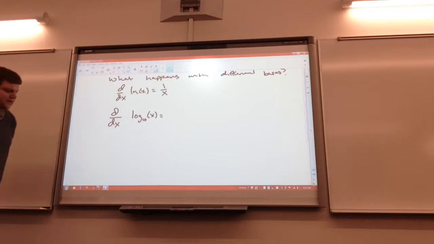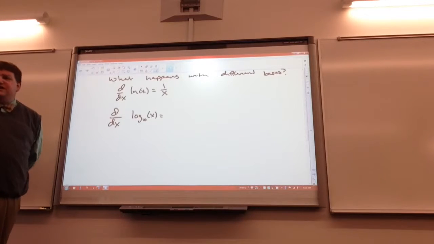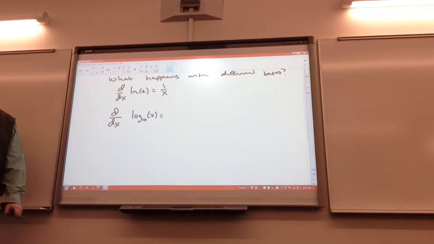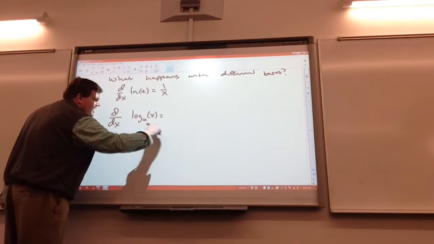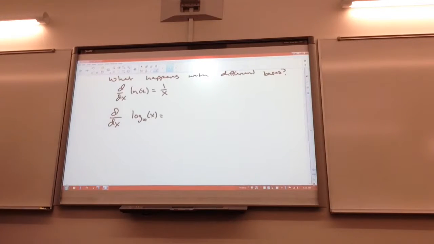And the reason for that is because we've changed the base. So we've got to find some way to make it work, to make it be like 1 over x dx. And it turns out there's a way to do so. What you're going to end up doing is making this thing in terms of the natural log of x.